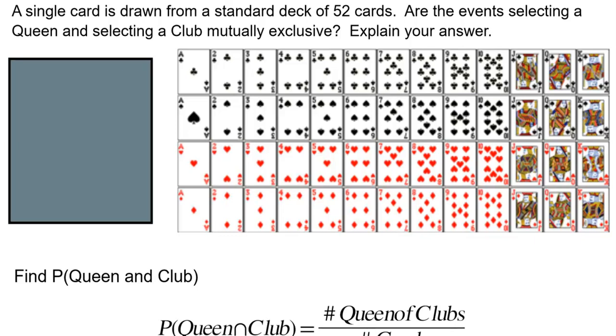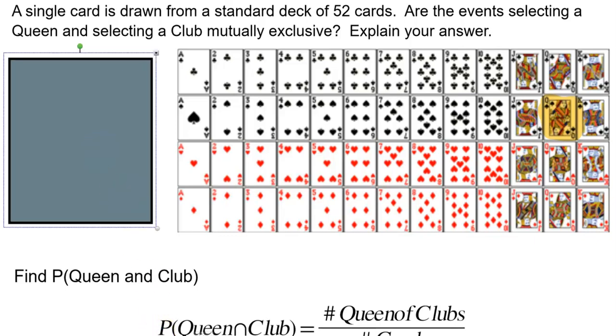Here's a deck of 52 cards. Are the events of selecting a queen and selecting a club mutually exclusive? So what I want to know is one card, both a queen and a club. So if you look at your card right here, this card right here is both a queen and a club.